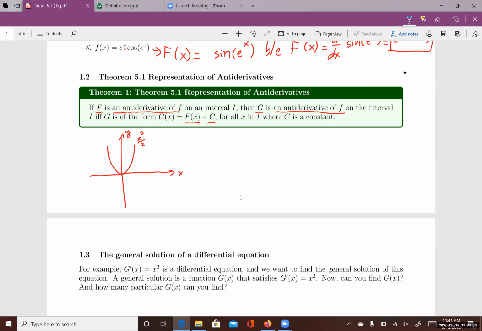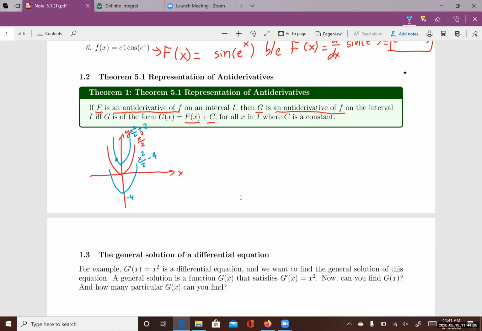What if I raise this function by 2? I have this function, so you would have x squared over 2 plus 2, right? What if I lower this function down to -4 here? Then I would have x squared over 2 minus 4.